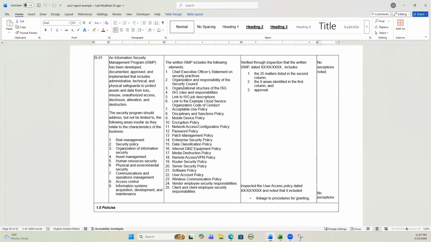That is an exception. The vendor said, we require 2-factor authentication for all remote access. The auditor found 3 accounts without it. That's an exception. So exceptions are failures, not maybes, actual failures of a stated control during the audit period.